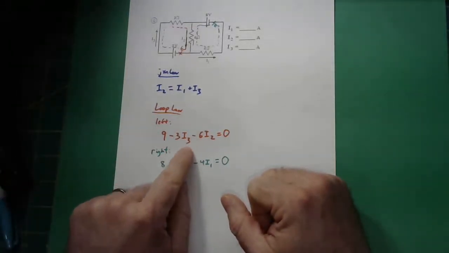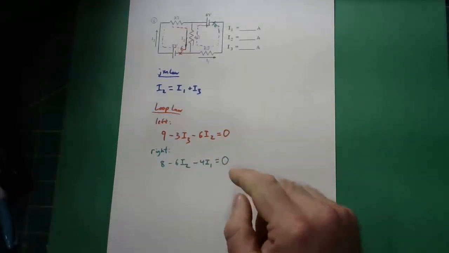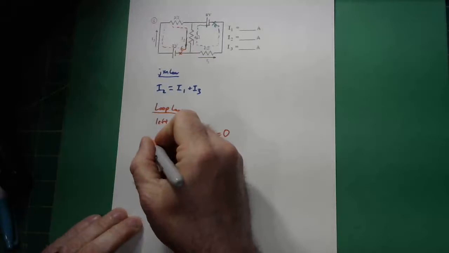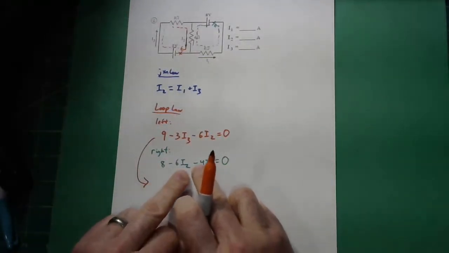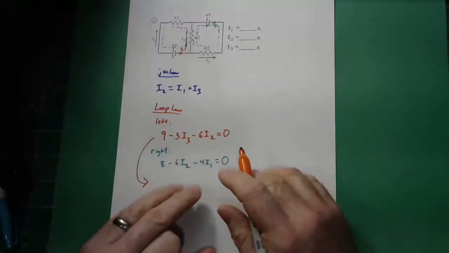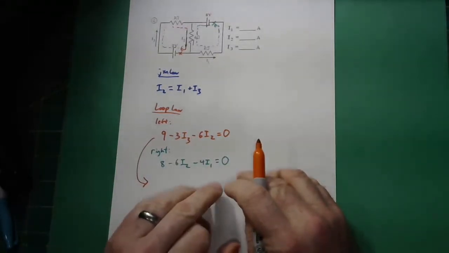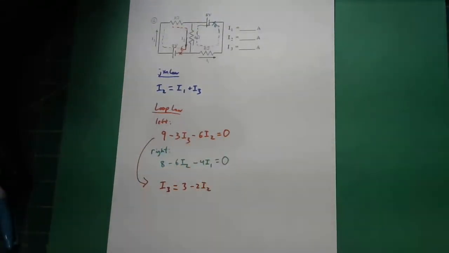With this one, I can rewrite I3 in terms of I2. And with this one, I can rewrite I2 in terms of I1. Then I'll have an equation for I2 in terms of I1, and I can use that expression.